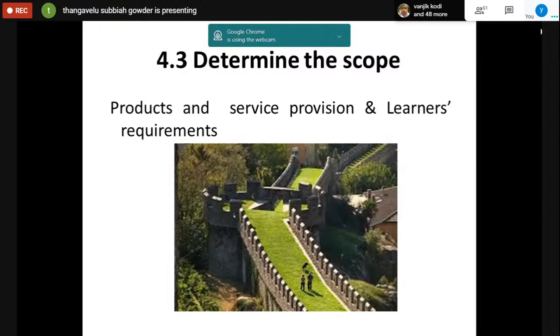This system is aimed at formal and non-formal education also. That's why special needs, even without any educational institution, for skill development, they can go for the certificate. Because of that, we have to specifically mention the scope. We are going for bachelor's degree, master's degree, and postgraduate degree.